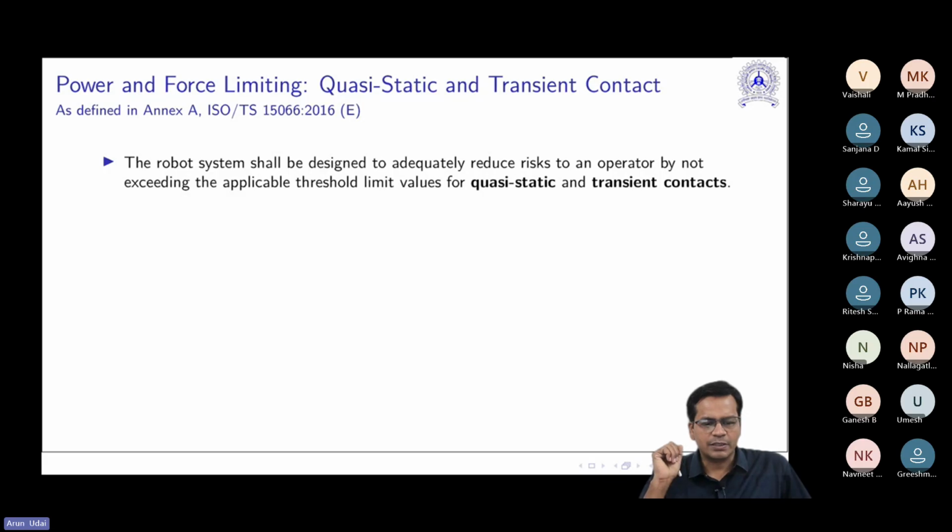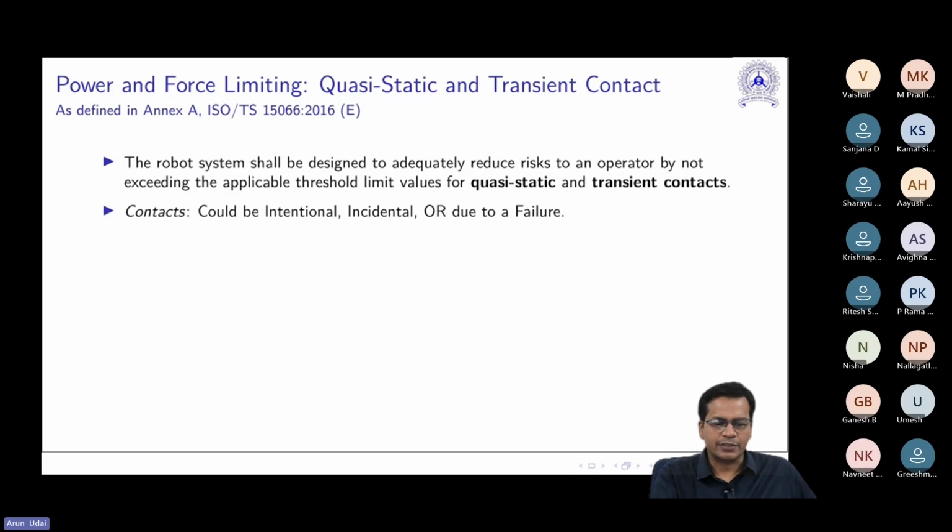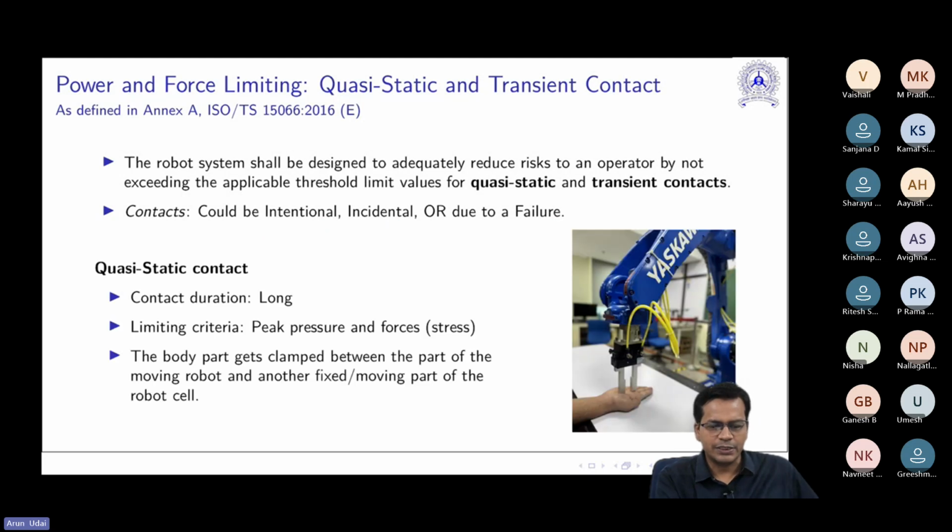The robot system shall be designed to adequately reduce risk to an operator by not exceeding the applicable threshold limit values of quasi-static and transient contact. So what does it mean basically? Firstly, contacts could be intentional, contacts could be incidental, or maybe due to failure of the robot. What is quasi-static contact?